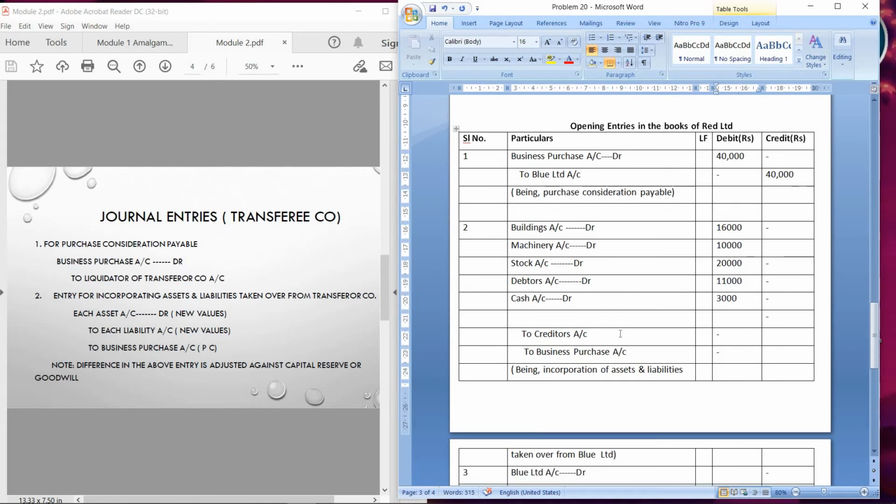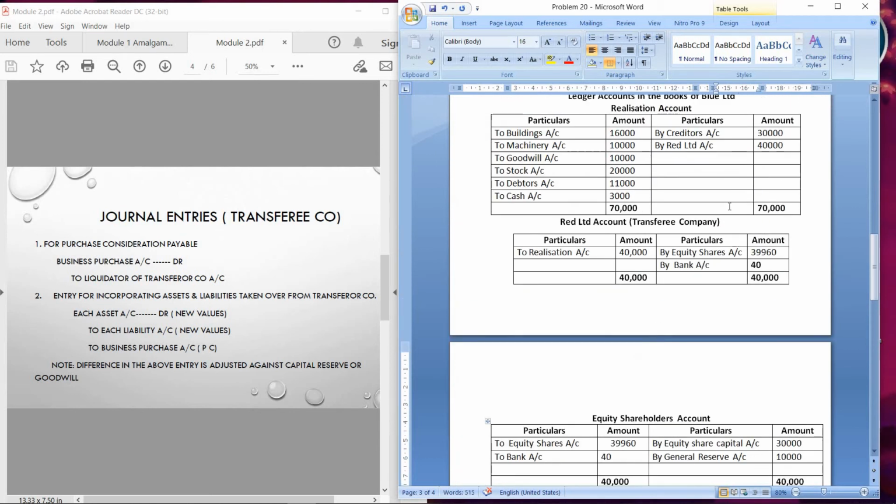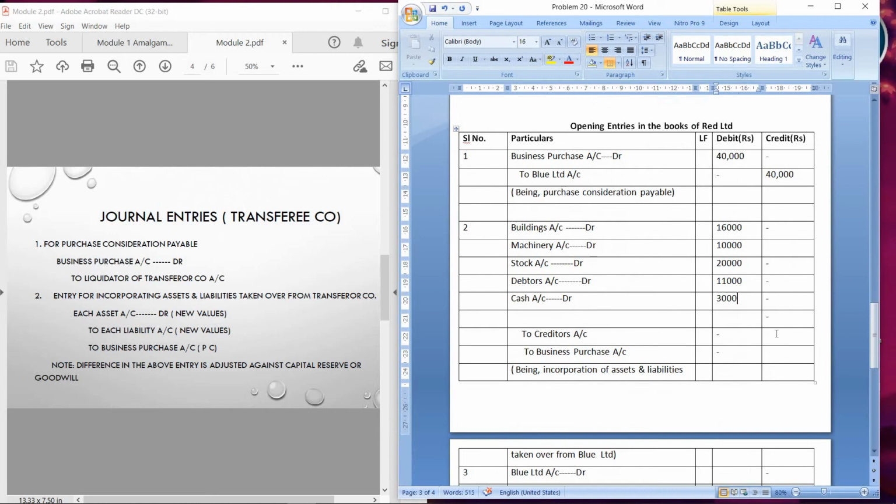Okay, to each liability account we have one liability, that is creditors. So to creditors account amount is 30,000. To business purchase account we have to take the amount of purchase consideration, that is 40,000. Now we have to make the total of the debit column and of the credit column. Total of debit side is 60,000. Total of credit side is 70,000. So there is difference on the debit side.